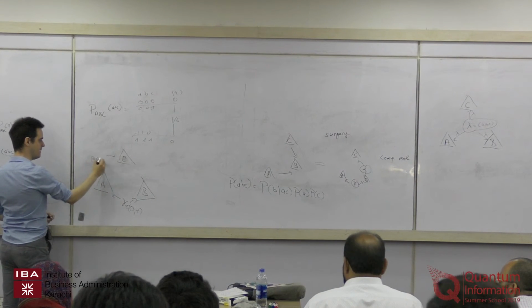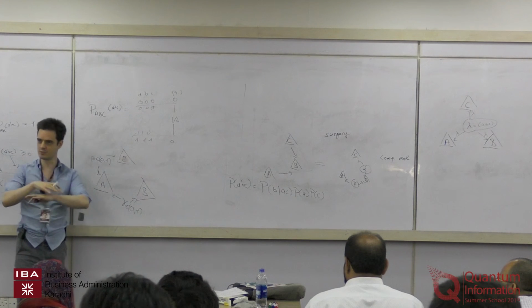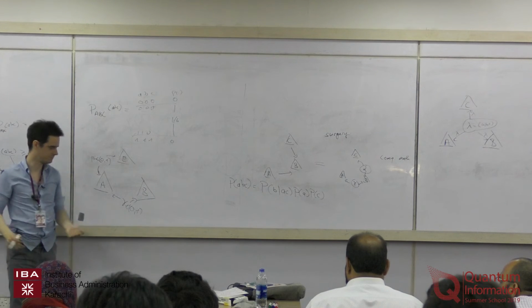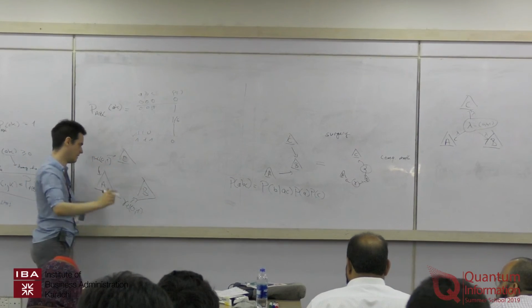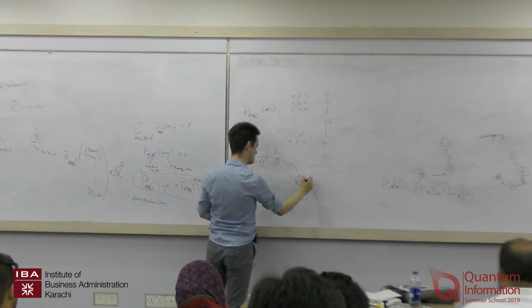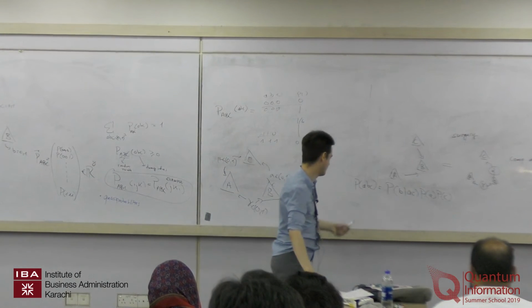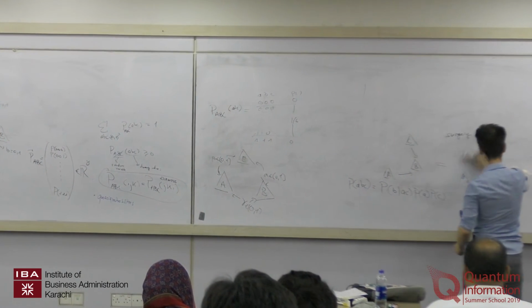Between A and C, I have beta, also a variable between 0 and 1. And the distribution is uniformly random, like pick a number between 0 and 1, all of them equiprobable. And alpha is also between 0 and 1. I need a bit more space, so I will erase this.